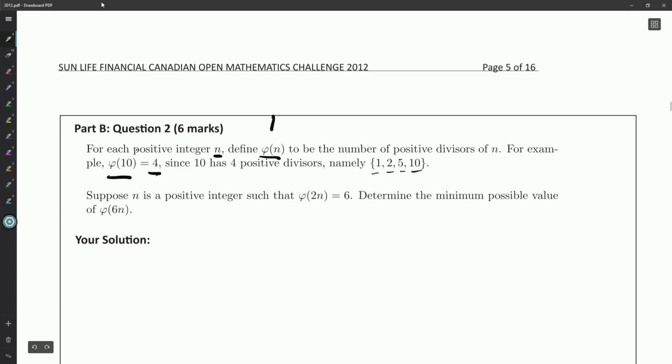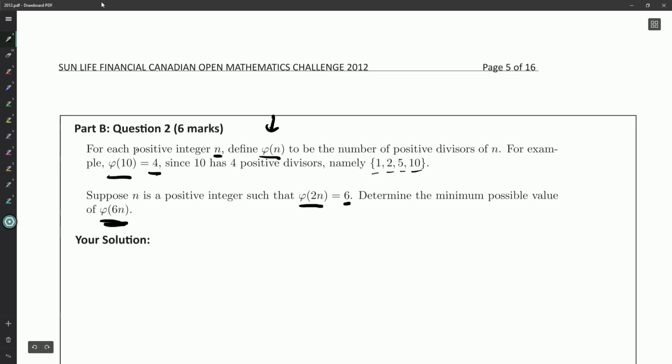Nifty. Traditionally, phi is reserved for another type of function, but it's not one that pops up in high school, so it's okay. Suppose n is a positive integer so that phi of 2n is equal to 6. So whatever n is, if you double it, you get 6 positive divisors. Determine the minimum possible value of phi of 6n.